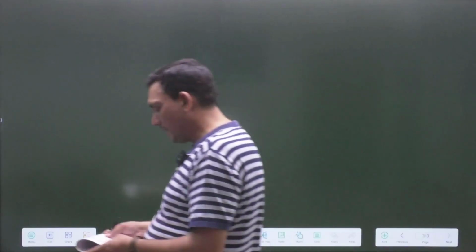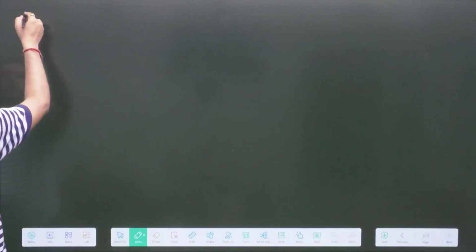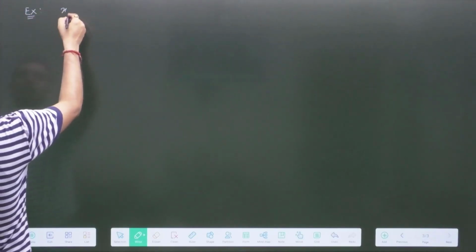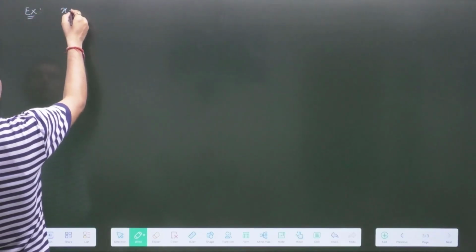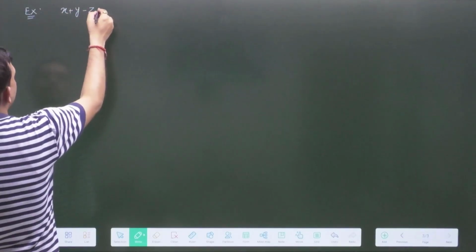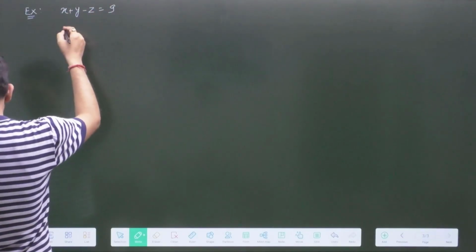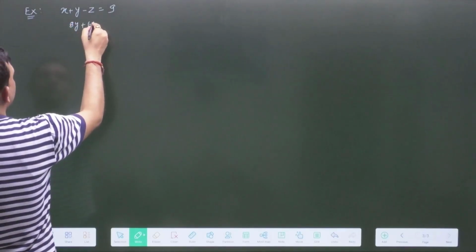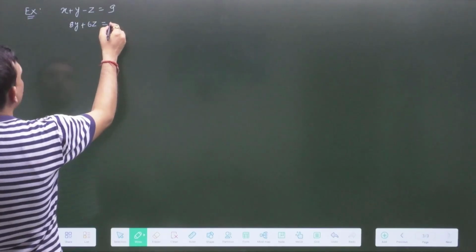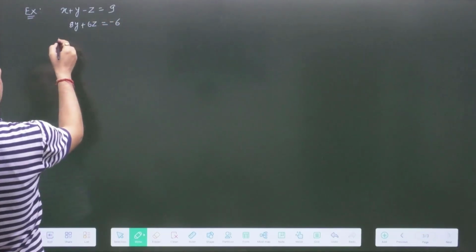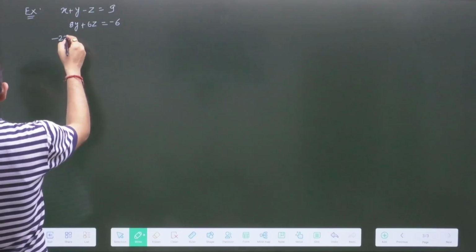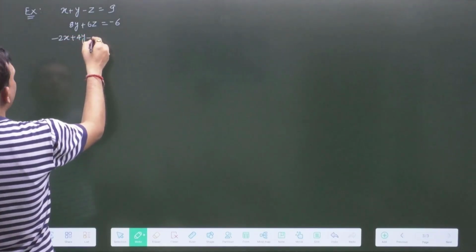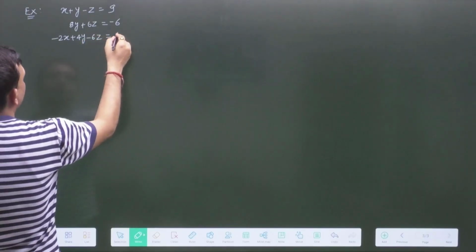Let's take another example. You should try. If you have x plus y minus z is equal to 9, 8y plus 6z is equal to minus 6, then you have minus 2x plus 4y minus 6z is equal to 40.